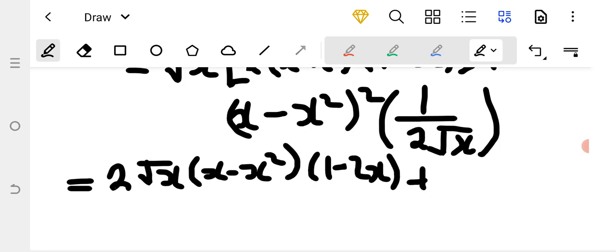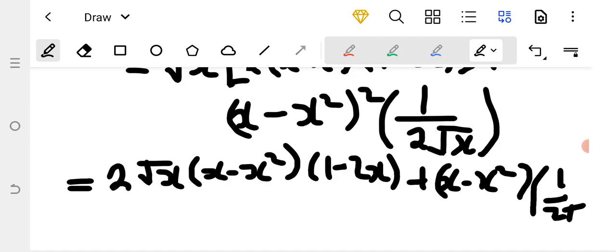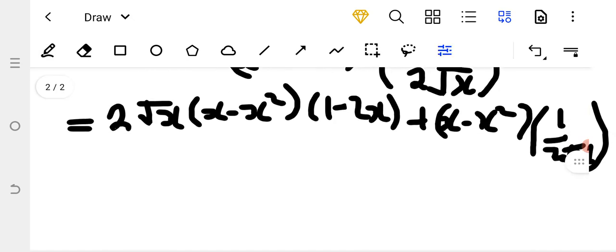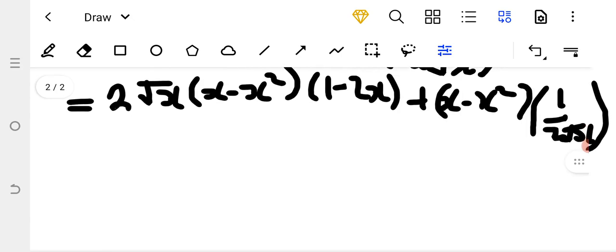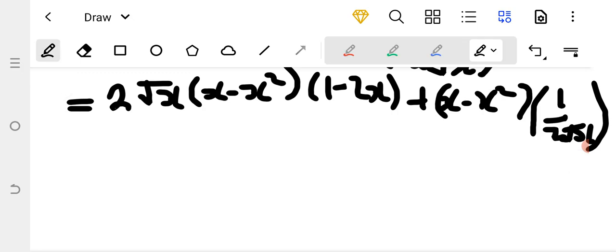Then plus x minus x squared, right? Multiplied by 1 over 2 root x, like that. Then to continue, what do we do? We can see that x minus x squared is common. So because it's common, we are going to simply factor it out.